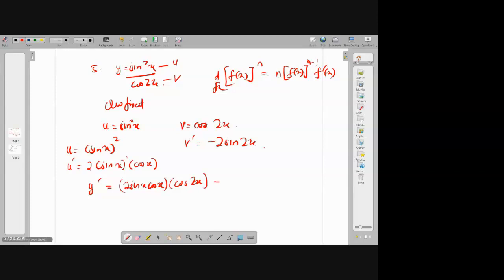And then minus u, v prime. And it's over v also to the power of 2, cosine 2x power of 2, squared. Okay.